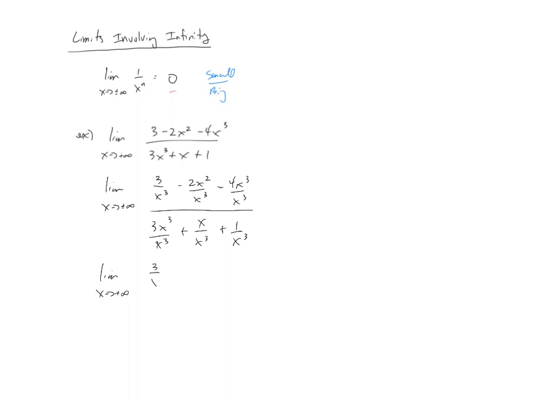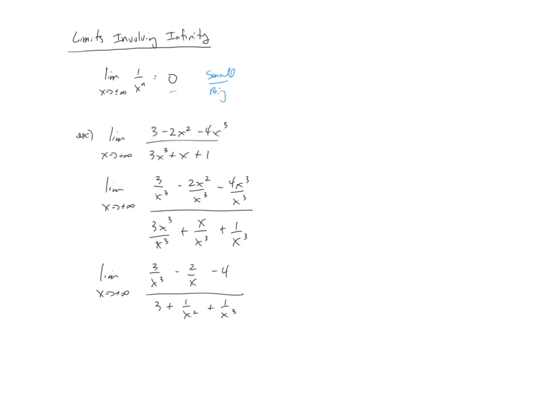So we'd have 3 over x cubed minus 2 over x squared minus 4, over 3 plus 1 over x squared plus 1 over x cubed. Now remember, our limit laws say that the limit can go into the numerator separately, into the denominator separately, and to each individual term separately in both of those.